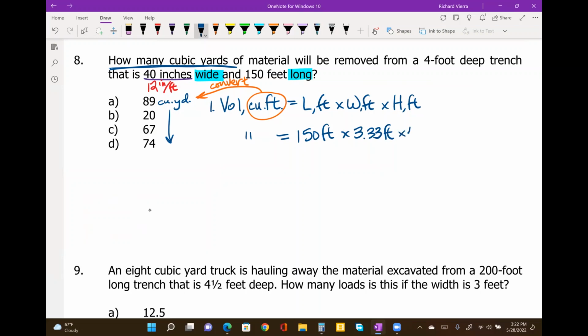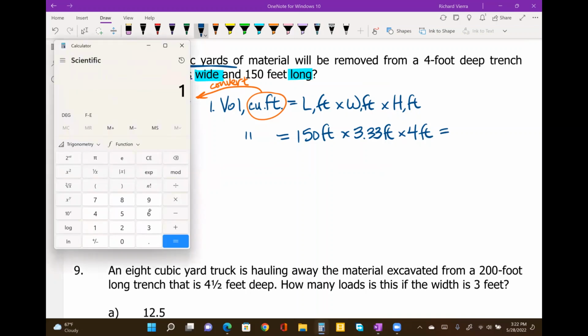And then the 4 foot for the height or depth of the trench. And that will give us our total volume in cubic feet. So 150 times 3.33 times 4 comes out to just a little under 2,000.